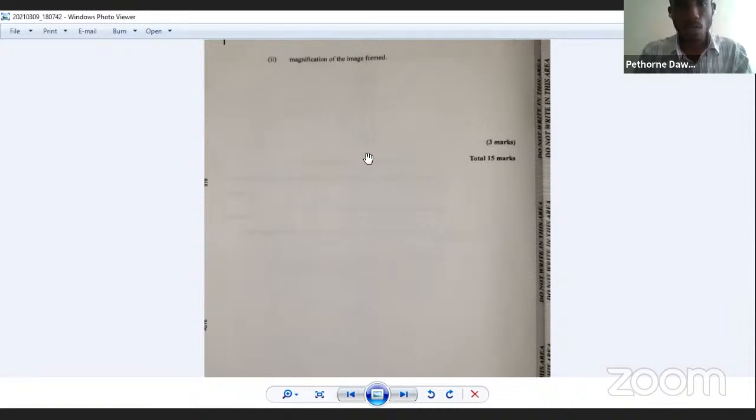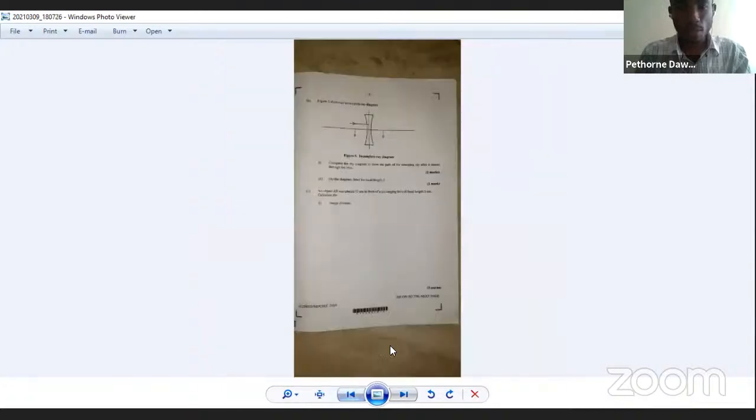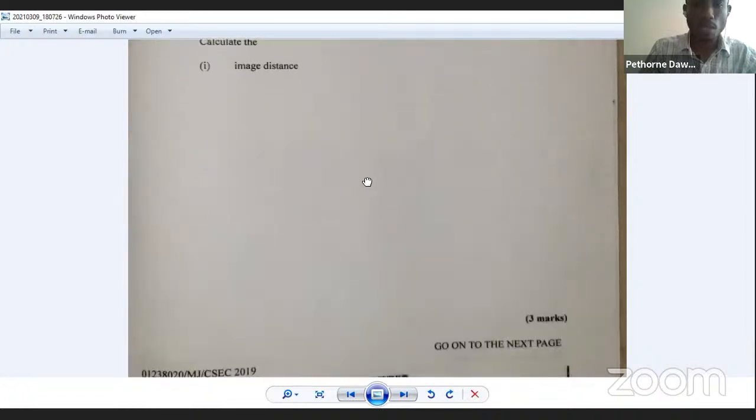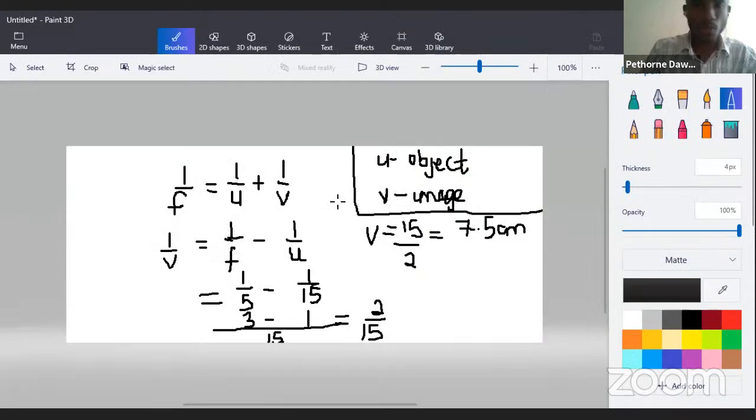From the previous question, we know that the object distance is 15, and we also know from calculation that the image distance is 7.5.